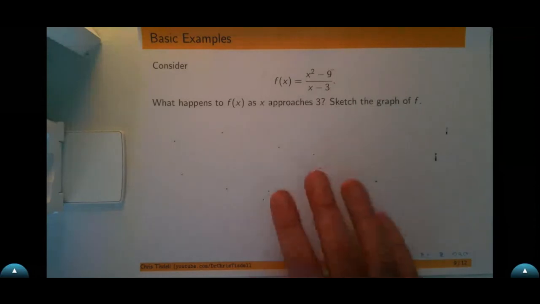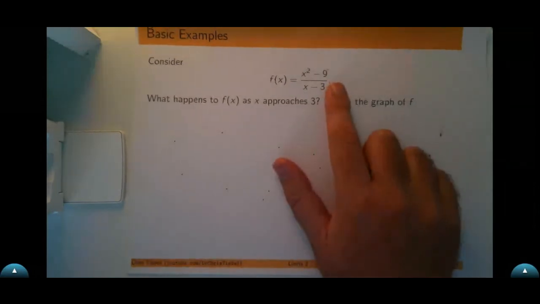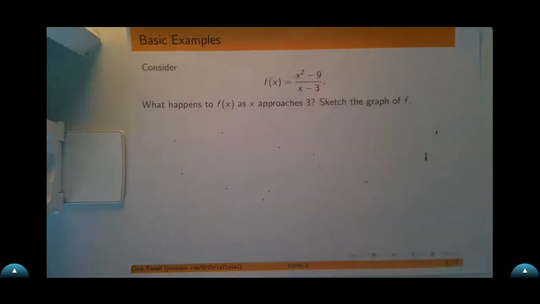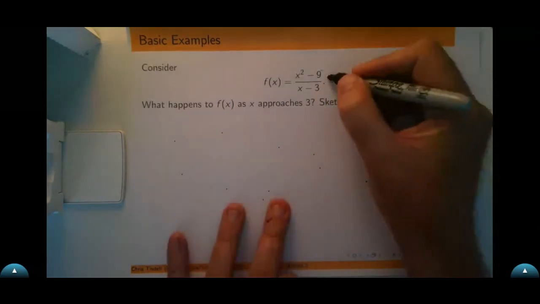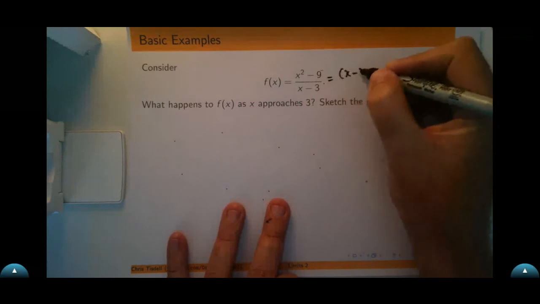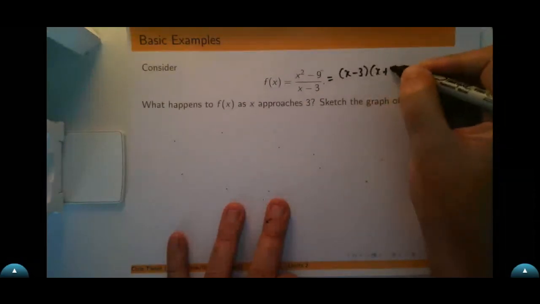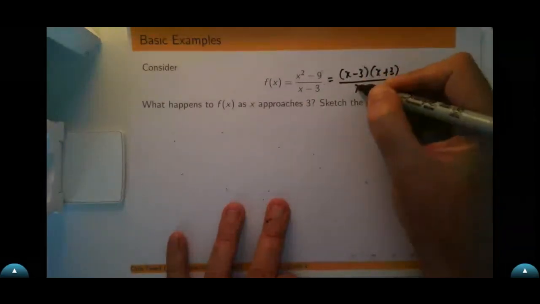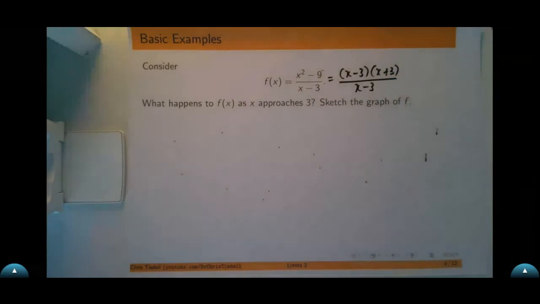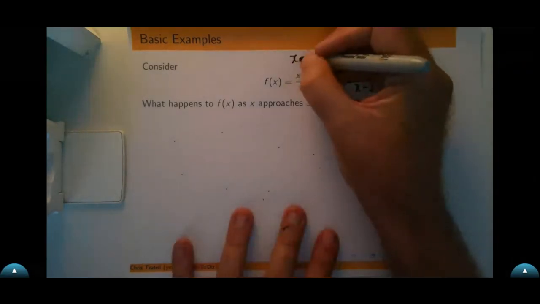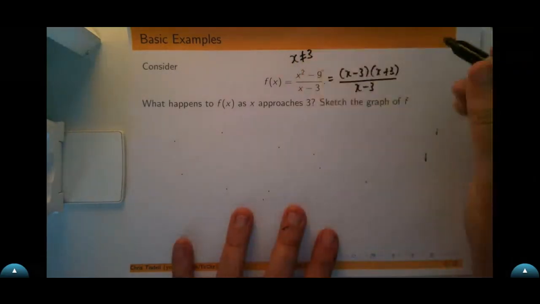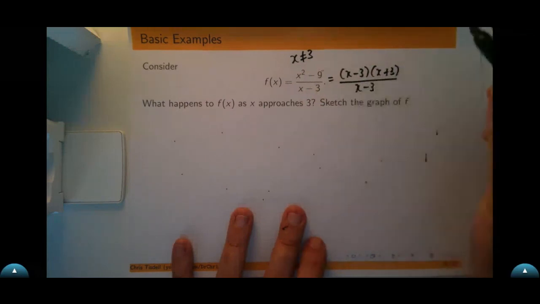All right. So here's a pretty simple looking example. We can simplify it in the following way. And as long as x is not equal to 3, I can actually cancel off these things.